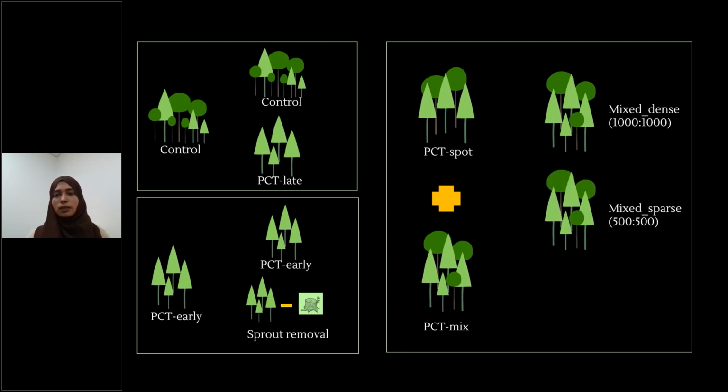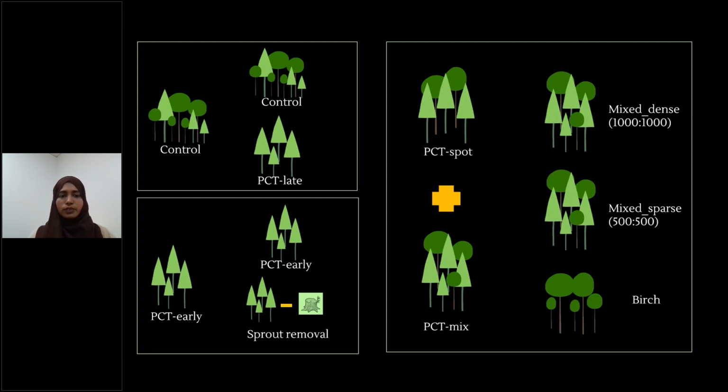The second was PCT mixed stands with 500 Norway spruce and 500 birch. And the third one was monoculture of birch with 2,000 birches per hectare, but in the analysis we didn't use birch because of some missing data.